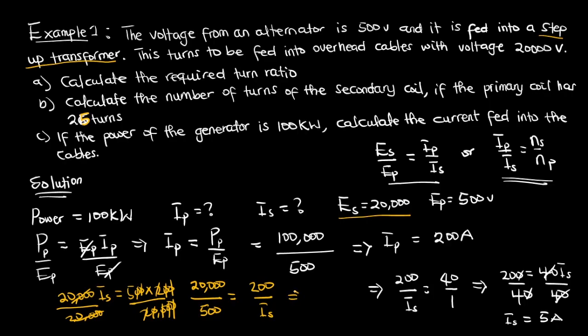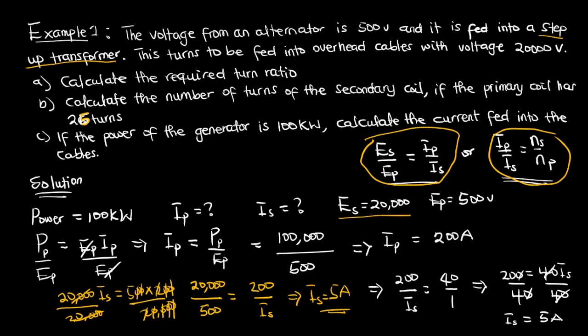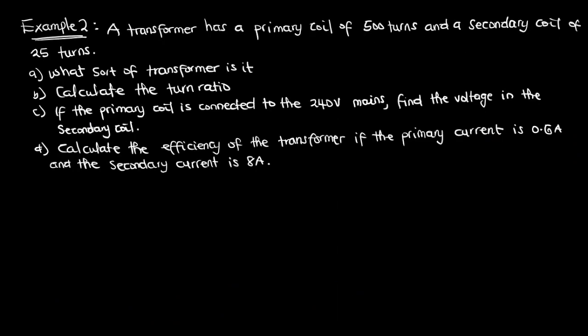So therefore our answer over here, IS, is 5 amperes, right? So regardless of whether we use this expression or this expression, we are still getting 5 amperes as our answer. Very good.